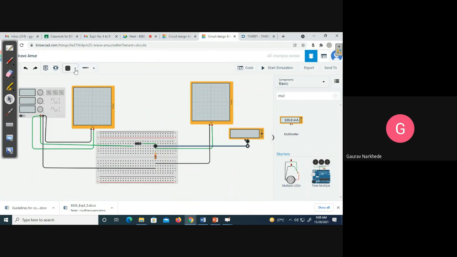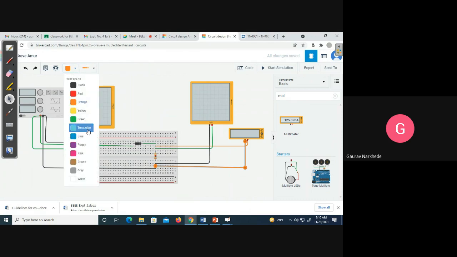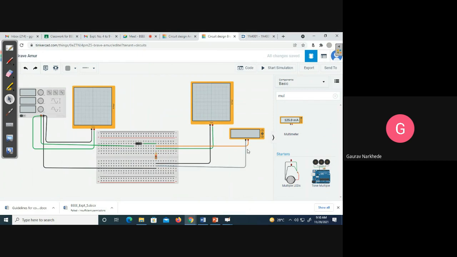I will use some different color, which orange I will use? So I'm just trying to measure the output across the resistor using the multimeter. How much is it?